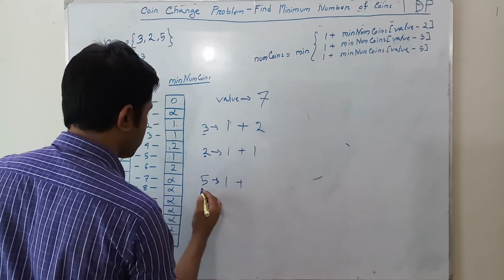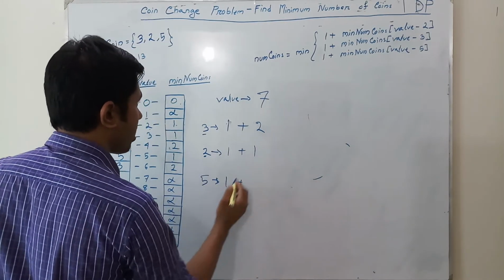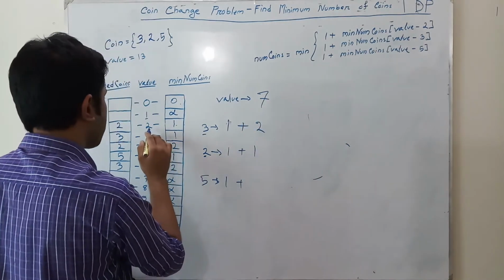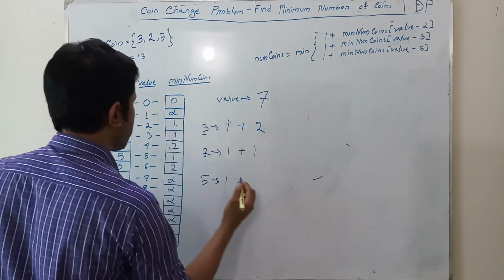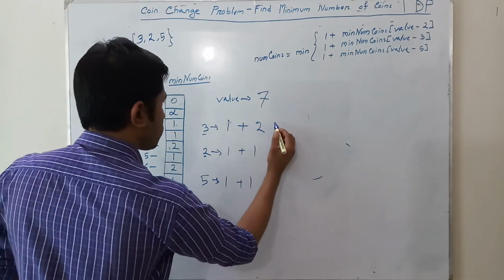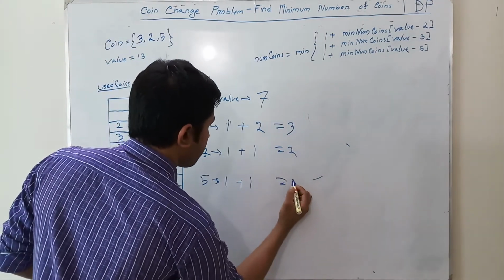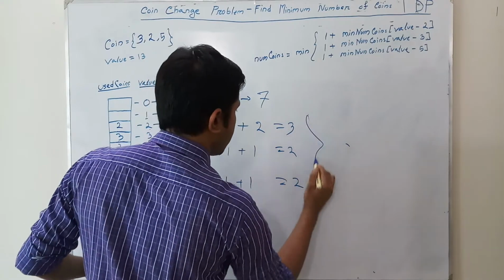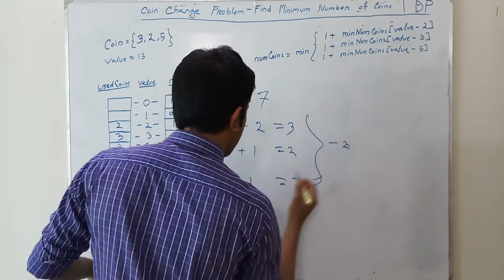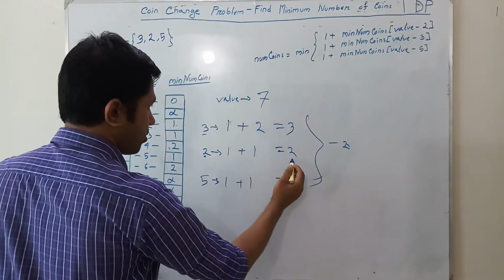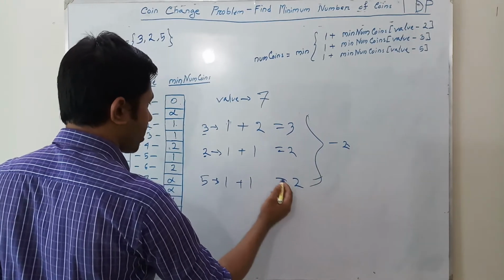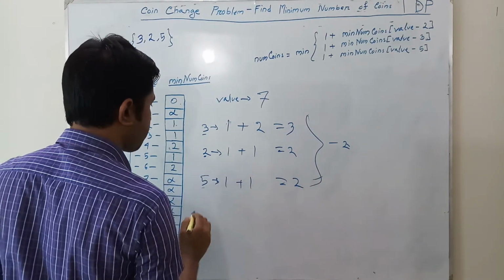When we use the denomination 5, we have remaining value 2, and for 2 the minimum number of coins we need is 1, so here 3, here 2, here 2. So here the minimum number of coins is 2. Here 2 is 2 times, and here also 2. We can use any one, 2 or 5.